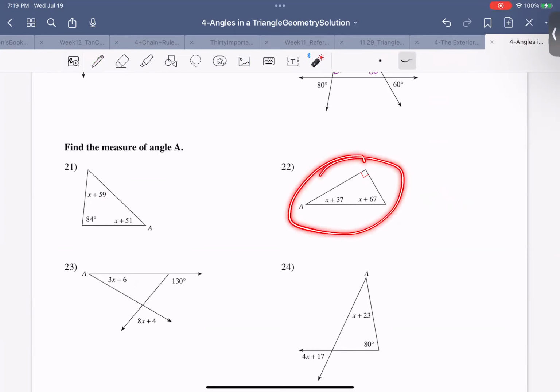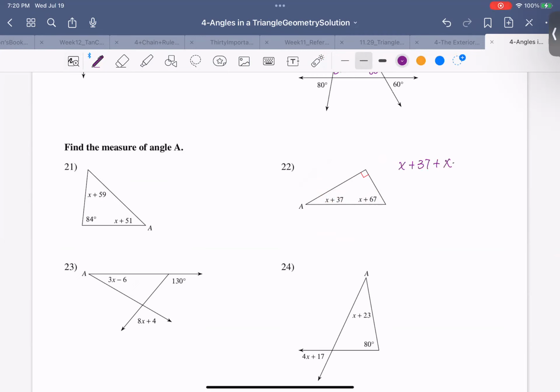One more. Did you notice that this is 90 degrees, so these two angles are called what? Complementary. Yes, so their summation will be 90 degrees. Go ahead. I do 22.